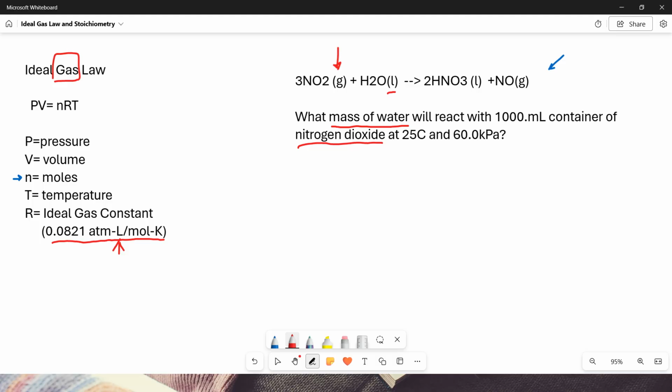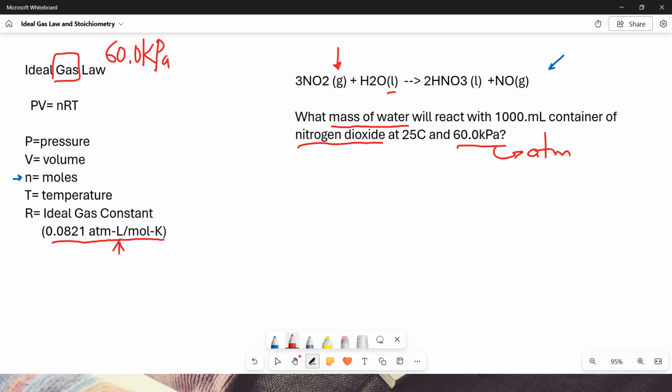Off the top of my head, it's 8 point something or other. I'm going to go ahead and use atmospheres and this constant. If you look at the problem, it gives me the pressure in kilopascals, so I'm going to have to convert this over to atmospheres so that I can use the constant that is also in atmospheres. So let's go ahead and convert kilopascals to atmospheres.